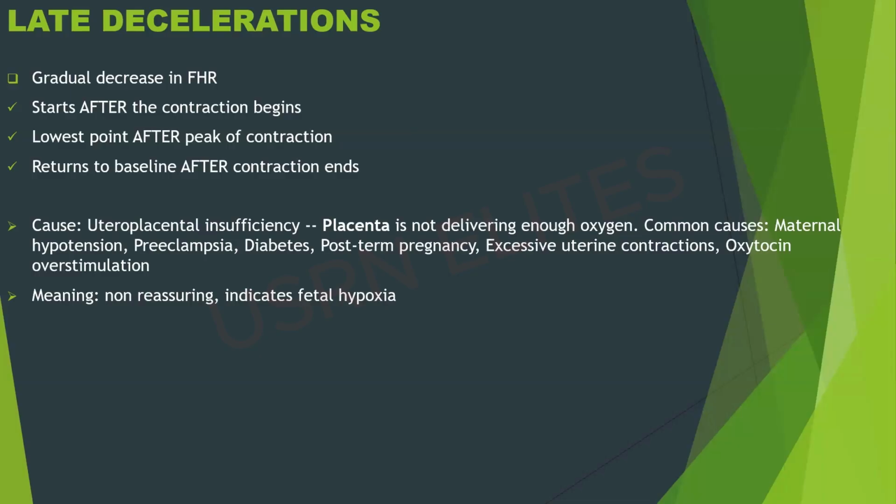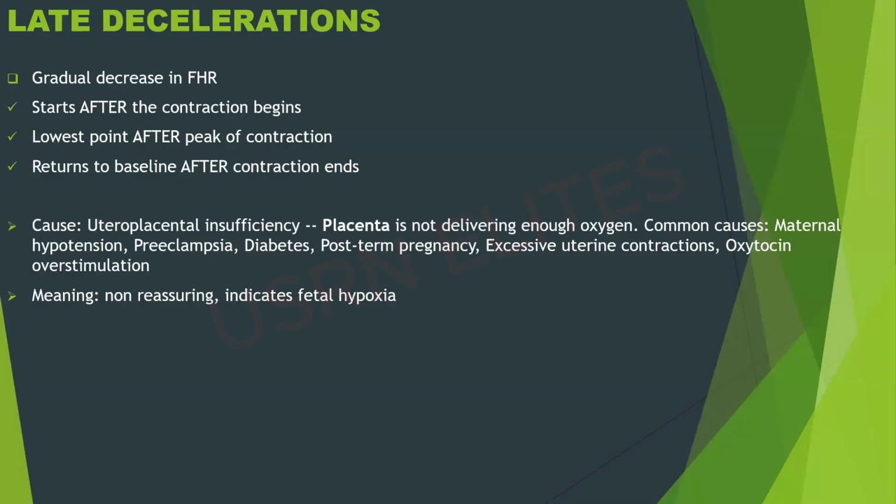All right, and late deceleration means that it came what? Late. The heart rate drop is late. It occurs after the contraction. It means that contraction will come, and once contraction is ceasing, that's when the heart rate starts going down.